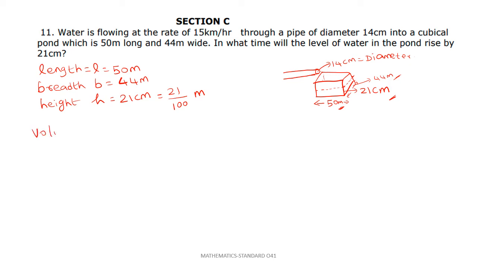Now, volume of tank. Tank is in cubical shape, so the formula is LBH. So volume of the tank is LBH, which is equal to 50 times 44 times 21 by 100. So 1 time, 2 time, 2 2s are 4, 2 2s are 4. So 22 multiplied by 21.